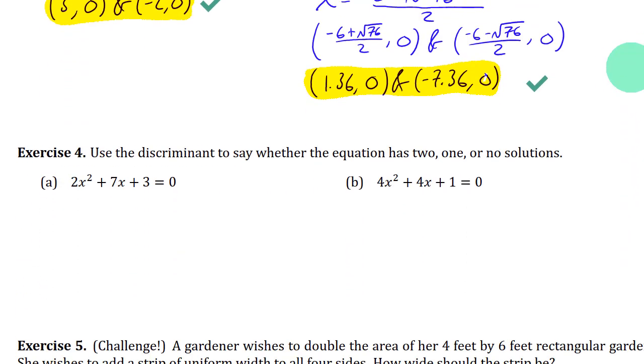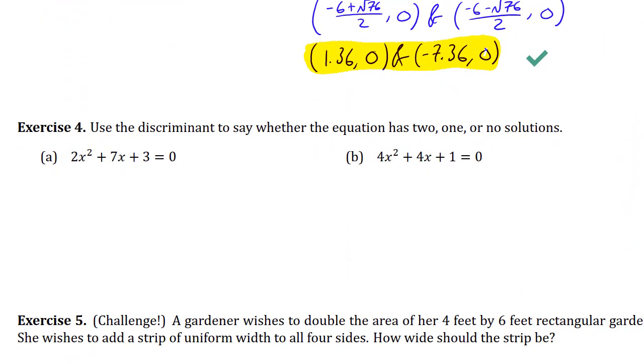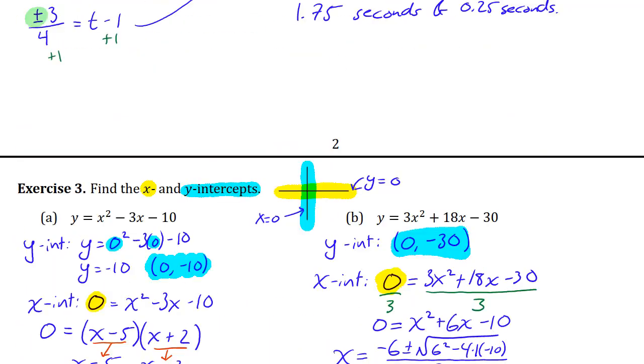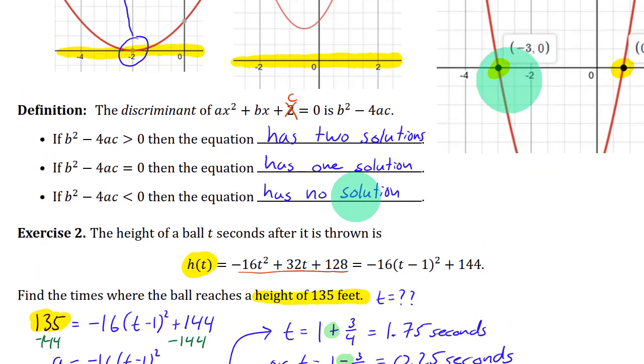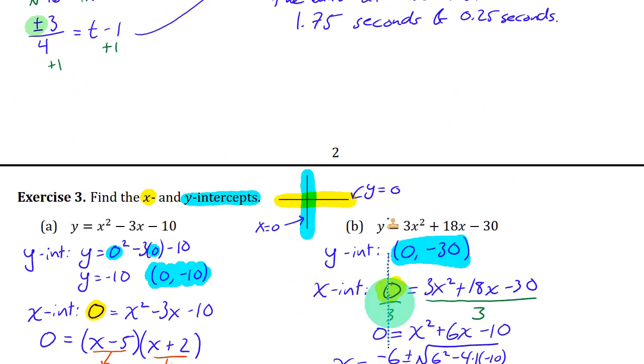Sounds good. So now let's look at exercise 4. So we're going to use the discriminant to say whether the equation has 1 or 2 or no solutions. So let's see, we're going to find b squared minus 4ac, and is it positive, is it 0, is it negative, is the idea here.